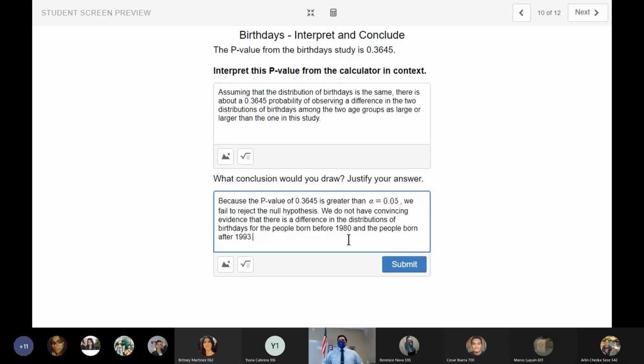We do not have convincing evidence that there is a difference in the distributions of birthdays for the people born before 1980 and the people born after 1983. Essentially, we could have seen this result just by chance. It's totally within the realm of possibility, so we don't have enough evidence to reject the null hypothesis.